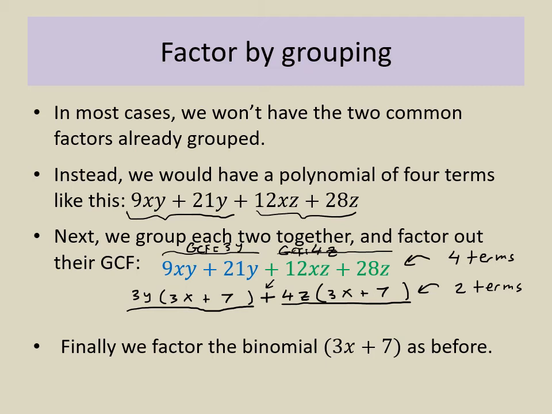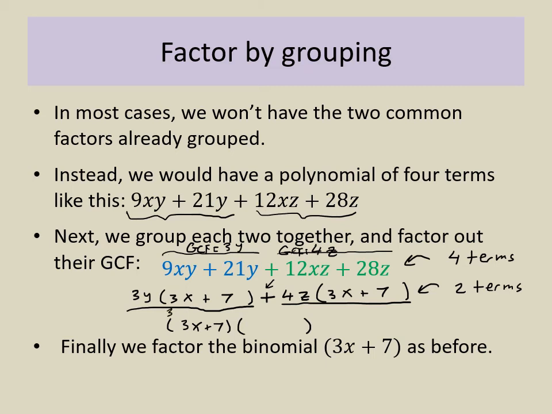And then this should look familiar to you because this is the step that we have practiced before. From these two, we have a common factor of 3x plus 7. So I can factor out that 3x plus 7 and then open the parentheses and I can see what I have left.